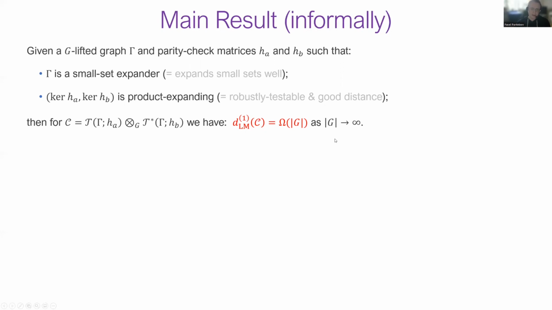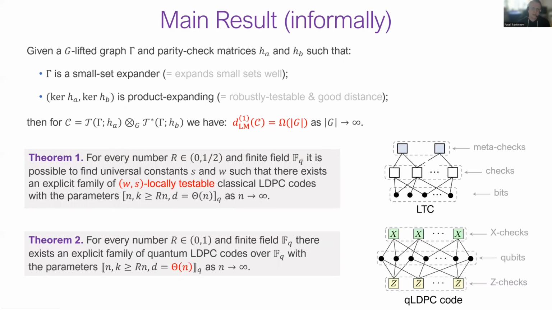Now if we start with a constant size graph and lift it, then this value grows linearly with the size of the code. And this is what allows us to prove the most difficult parts of our main results: the local testability in Theorem 1 and the distance in Theorem 2.